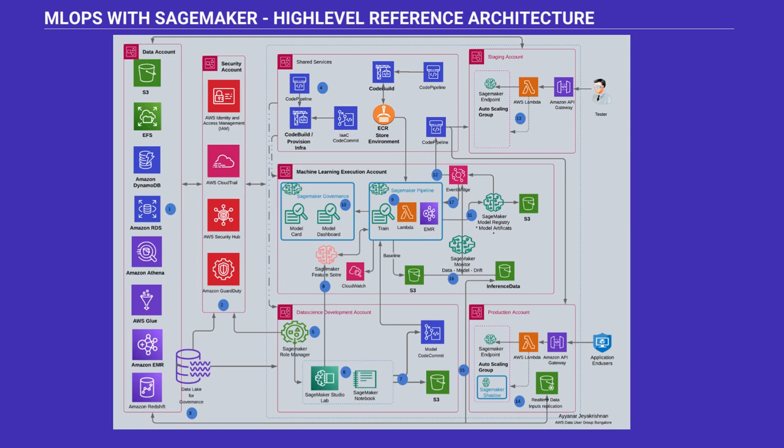Then once the SageMaker pipeline is ready, you register your model into the SageMaker registry. If it is batch transform, you can use batch transform. If it is real-time inference, you can deploy that as real-time inference. If you want, you can have an approval step.